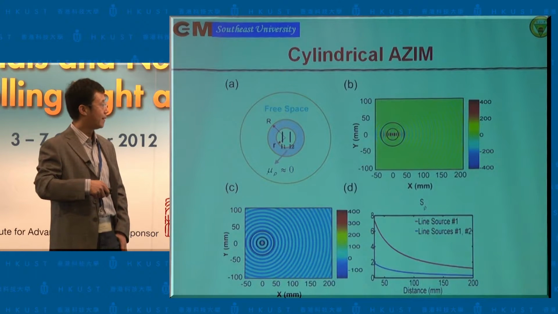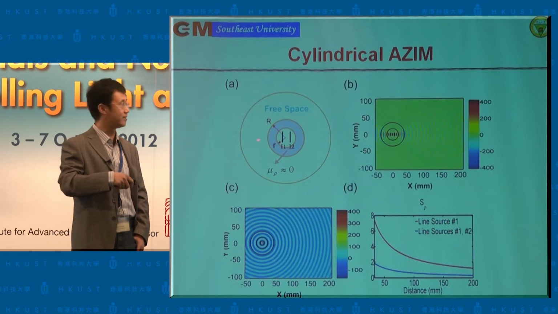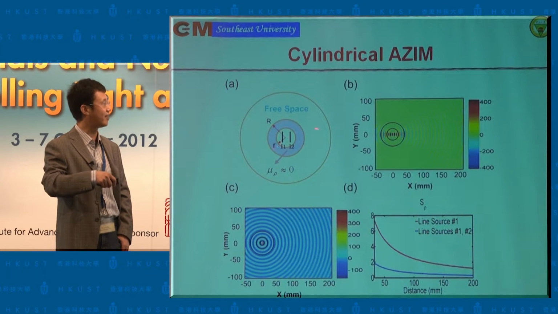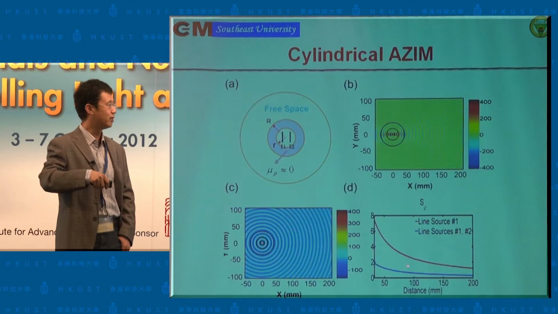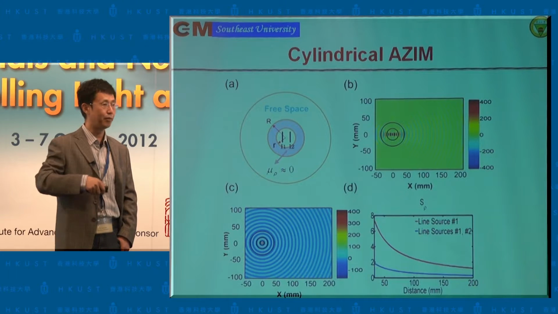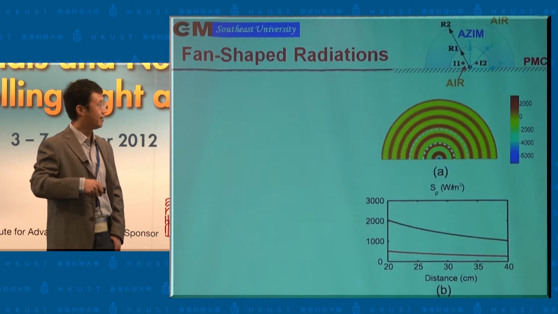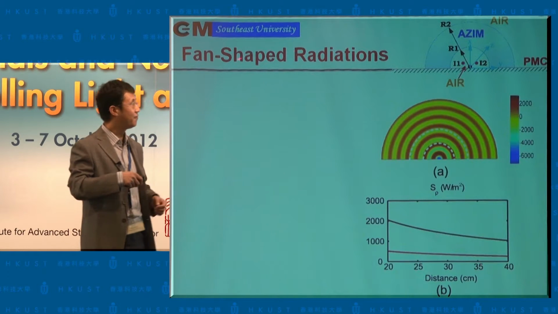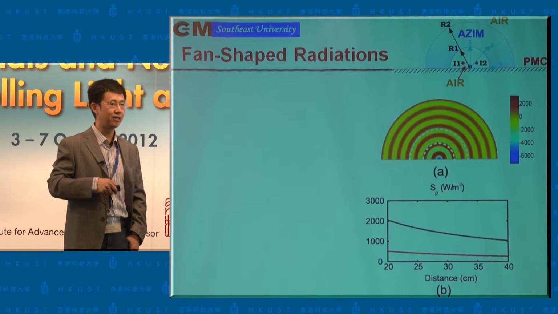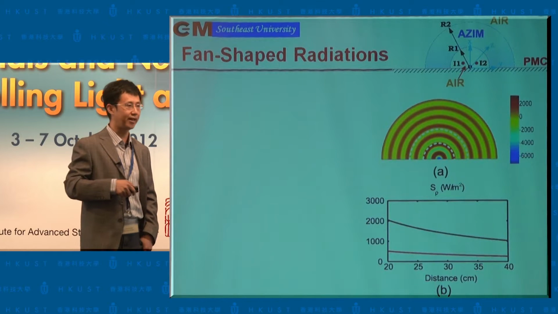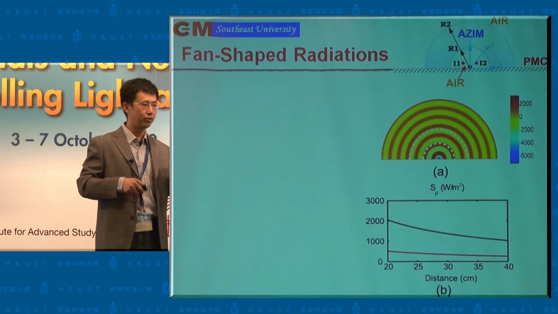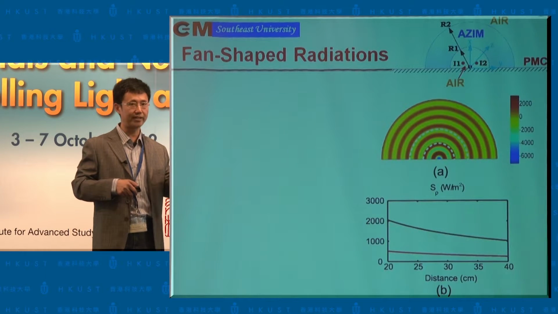And also, this conclusion is valid for any kind of antennas. We have two line antennas, for example. We also observe the omnidirectional radiation and the power combination. And this idea can be extended to fan-shaped radiation, because for wireless communication systems, for base station networks, sometimes we require a fan-shaped radiation pattern.